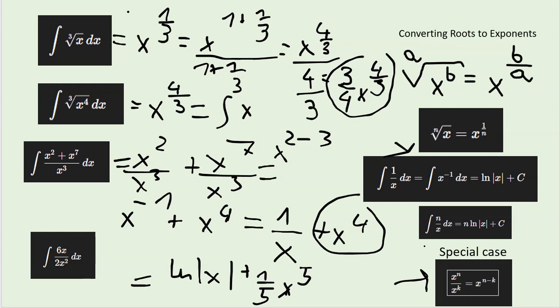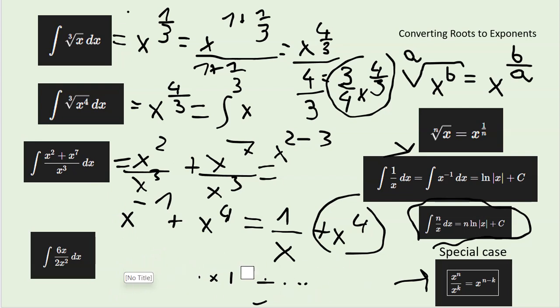And please mind that this is not only about 1 over x, but any number over x will lead to the natural logarithm in the solution. So we can see it in this case. Let's solve this one now, and you will see this is an example where we can simplify it, right?